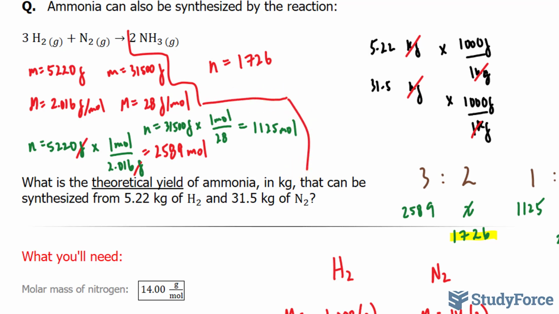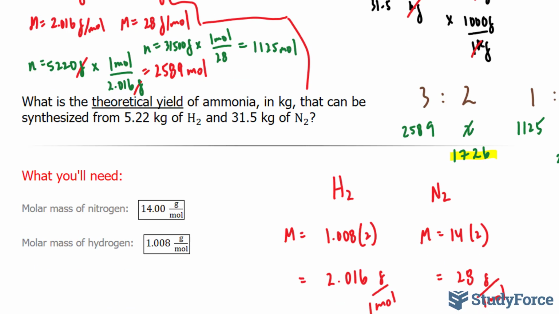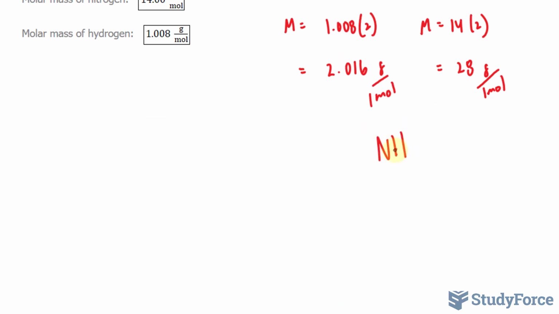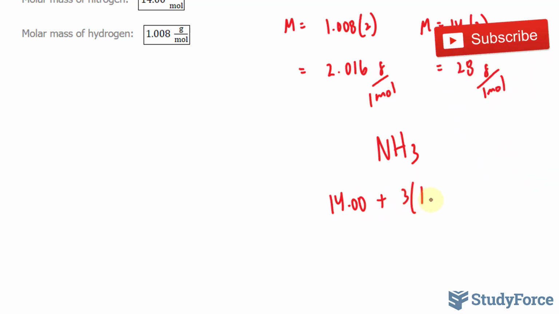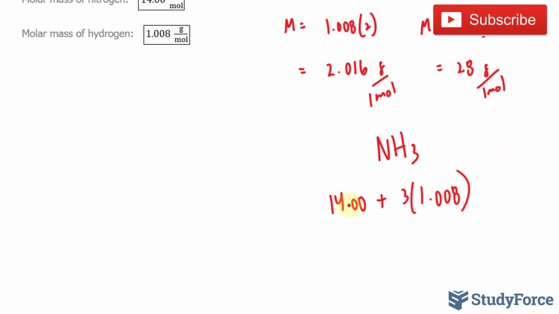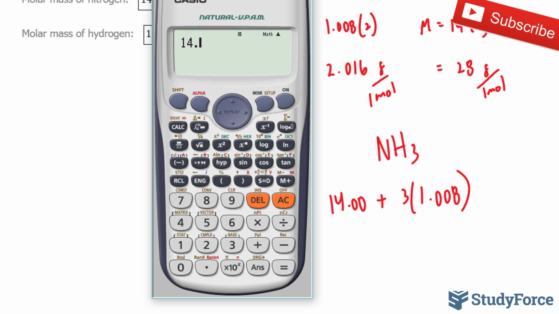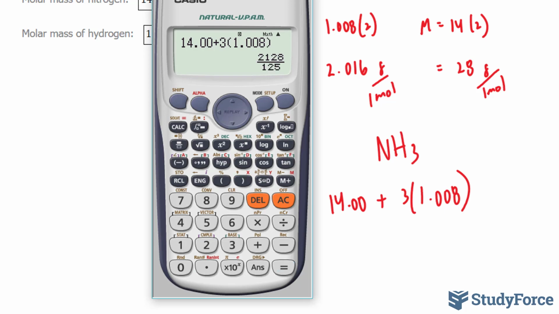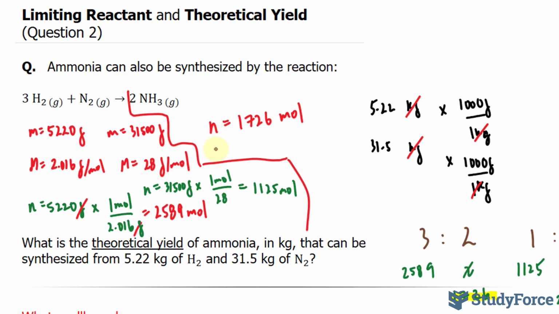Now I need to find the molar mass, because by finding the molar mass and then multiplying by this number, which has the units moles, we can find out its mass. The molar mass of NH3 is the following. We'll take 14.00 plus 3 times 1.008. Using our calculator, 14.00 plus 3 times 1.008, and we get 17.024 grams per mole.